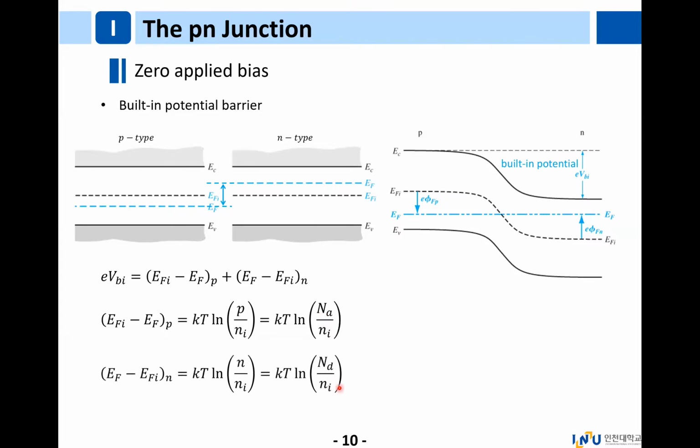Similarly, by substituting the electron concentration on the n-type side with the quantity of injected donors, we can determine the total band bending, which gives us the size of the built-in potential.